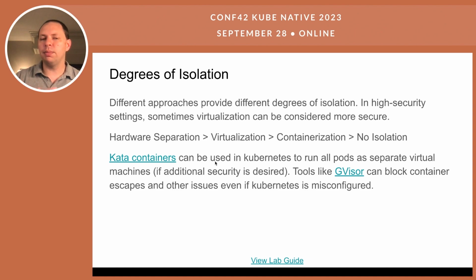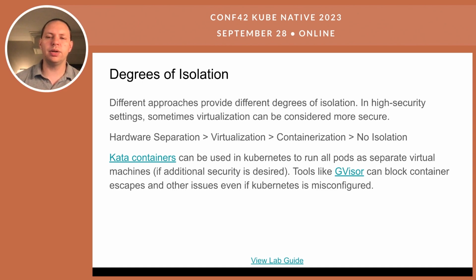Kata containers, I want to mention, if we want to make containerization a bit more secure, if we're afraid of an application breaking out of its container, some people will use Kata containers or gVisor. Kata containers actually spin every container up in a very lightweight virtual machine. So it'll spin up a VM with enough on it to be able to boot up a container inside of it.